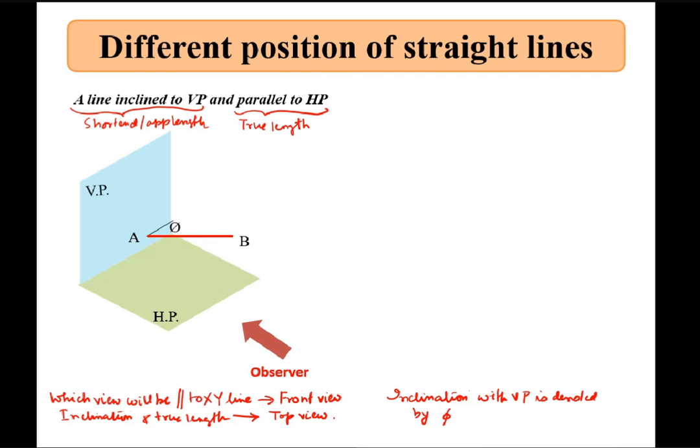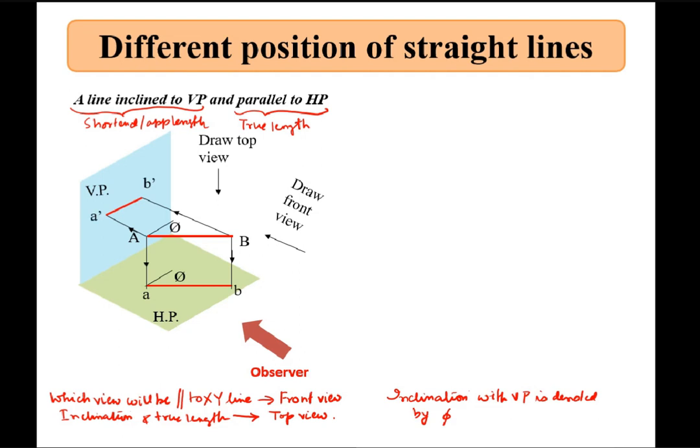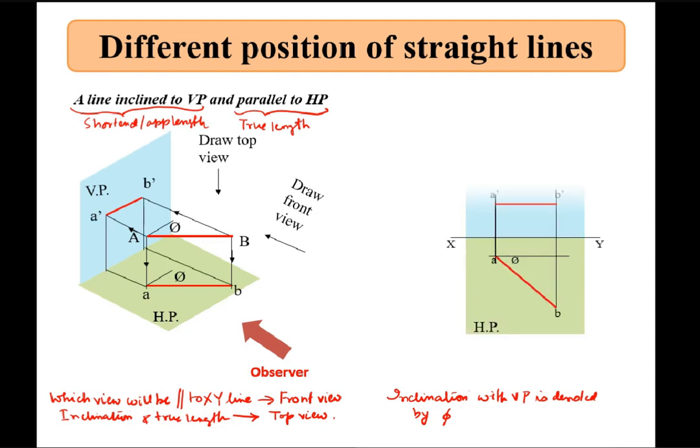Inclination with HP is theta and inclination with VP is phi. Right? So I'll draw the top view like this, AB. The same inclination you are getting here. You draw the front view. You get this as parallel to the XY line. So this is how it will look.